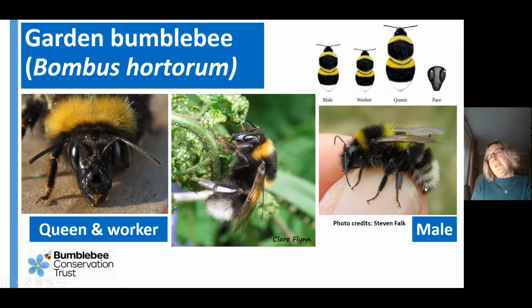It looks as though the tail is striped because you can see the black integument shining through. It's quite an elongate species, and sometimes you do get this kind of banding effect on the tail. But the faces in the males are long as well in the garden bumblebee, Bombus hortorum.